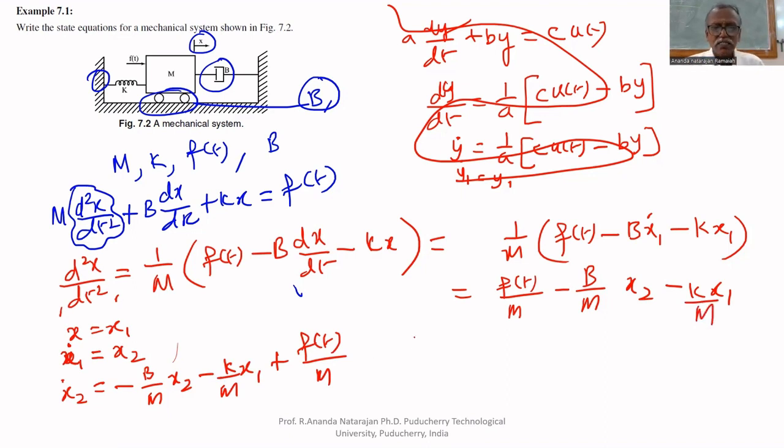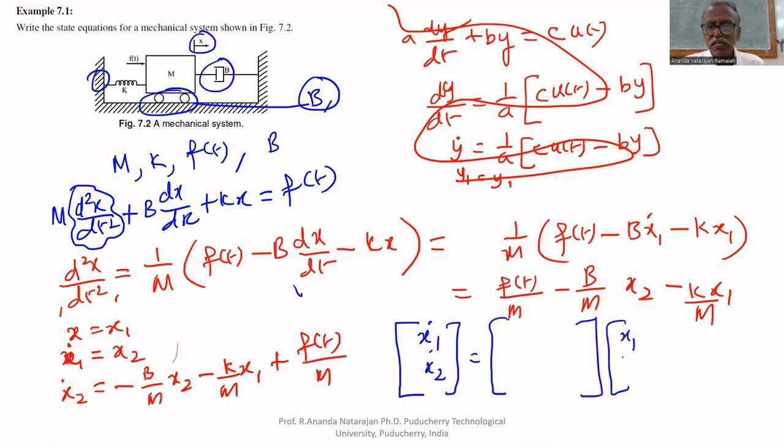What is the state space model in matrix form? The second order. That's why x1 dot, x2 dot equal to, what are the two variables? x1, x2, plus what is the input? u of t, f of t.